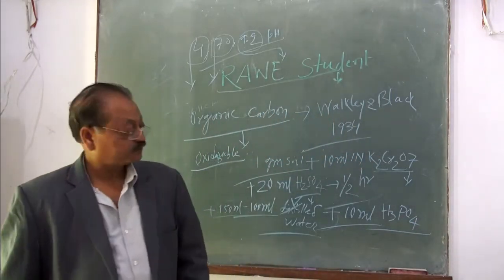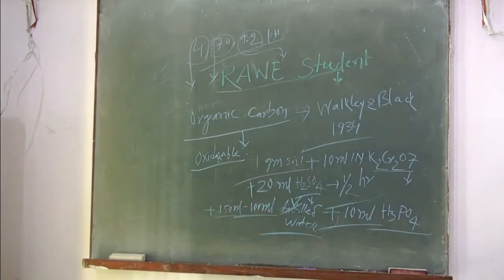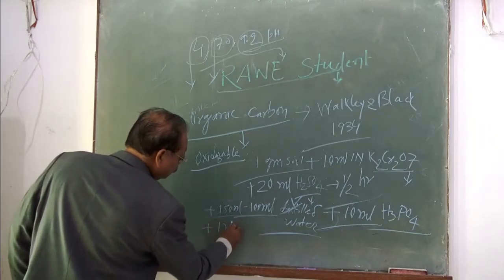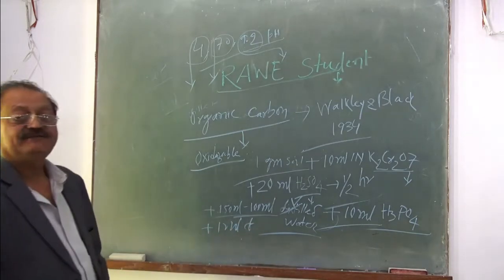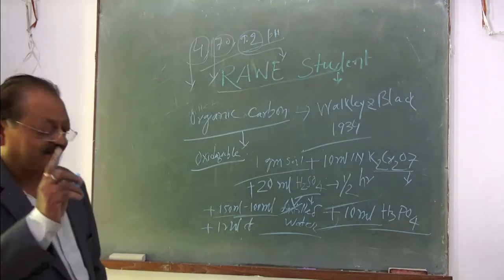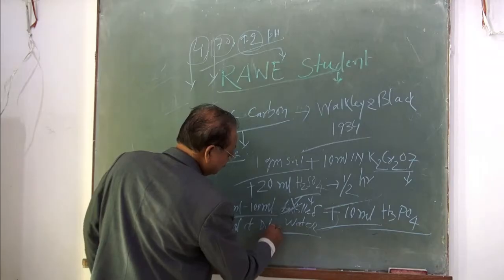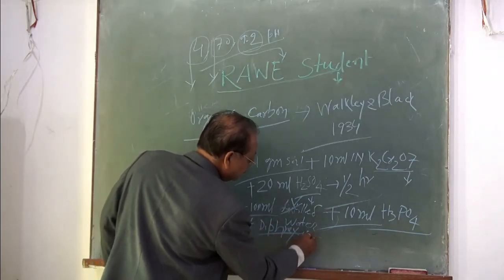After addition of orthophosphoric acid, you add a few drops, about 1 ml, of diphenylamine indicator.